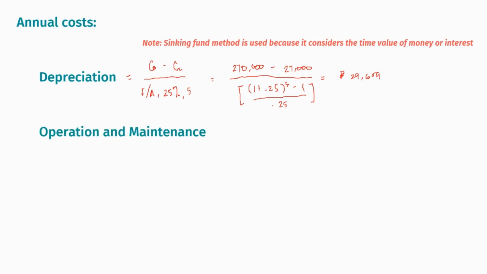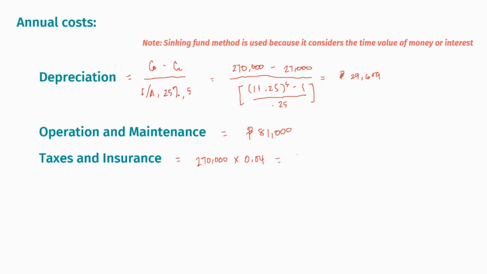Next na cost is yung operation and maintenance. This is also given sa problem. This is equal to 81,000 pesos. Next is yung taxes and insurance. So, taxes and insurance from the problem is 4% of the first cost per year. So, i-multiply mo lang 270,000 times 0.04, which is 4%.